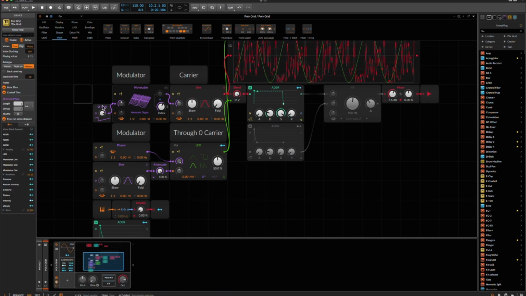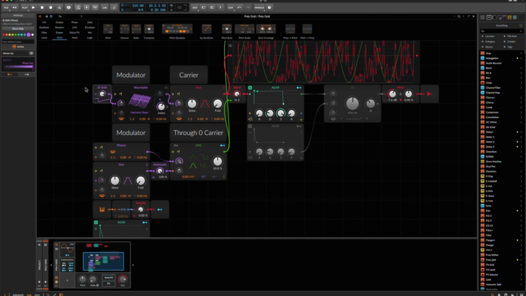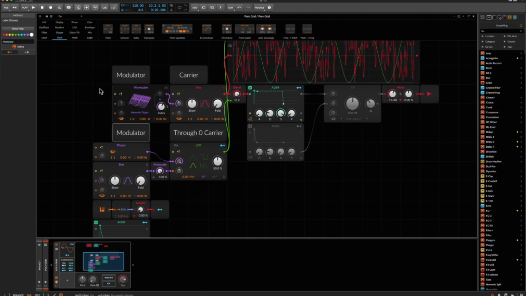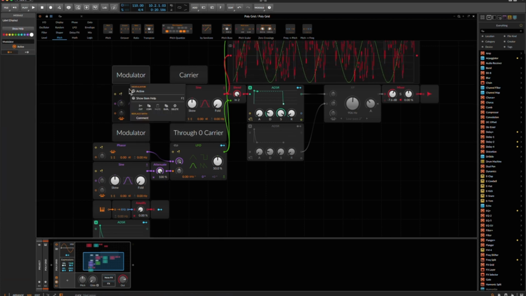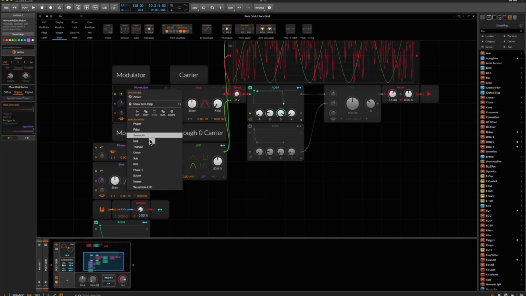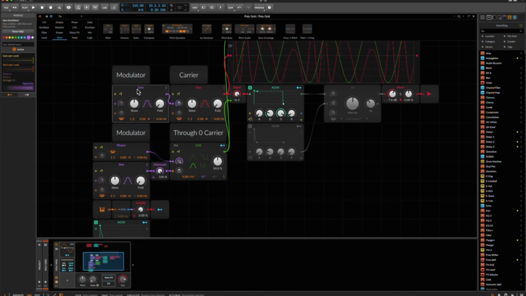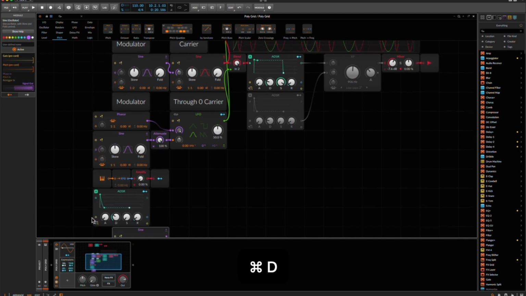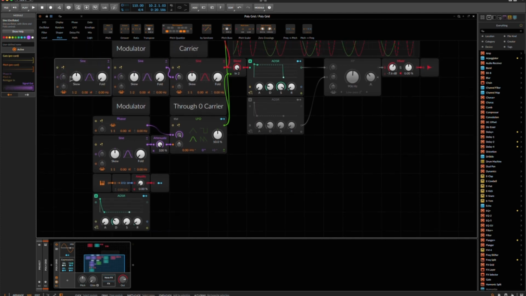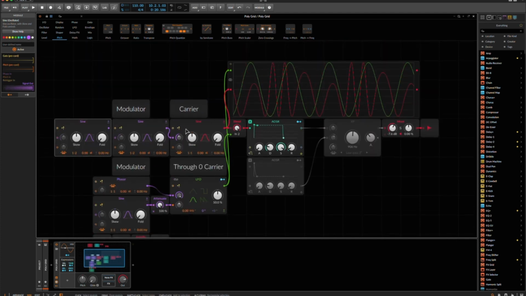And then, of course, like the DX7 does it, for example, let's kill this. Go back to the sine wave. Duplicate this. We are not limited to one stage of modulation. We can modulate the modulator. And let's see how this sounds different.